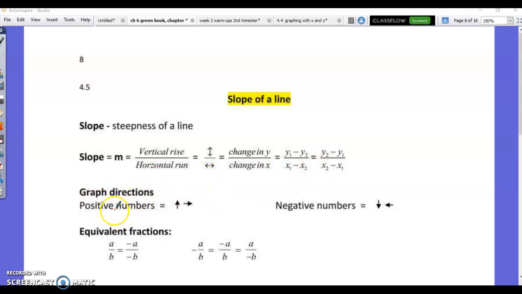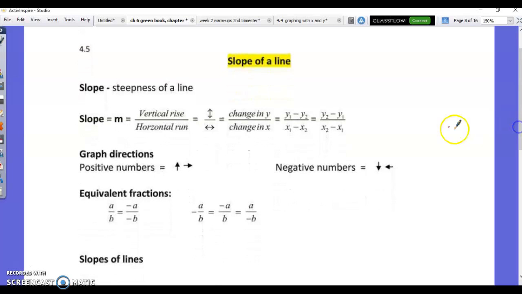Graphing a slope, we have to indicate direction as positive or negative. This will make more sense when we calculate the slope using a graph, but our positives go up and to the right and our negatives are down and to the left, kind of like our coordinate plane.